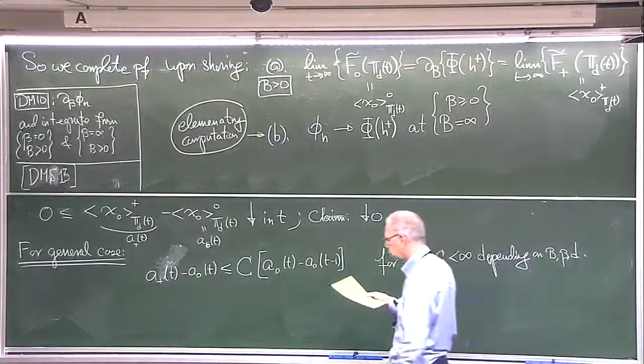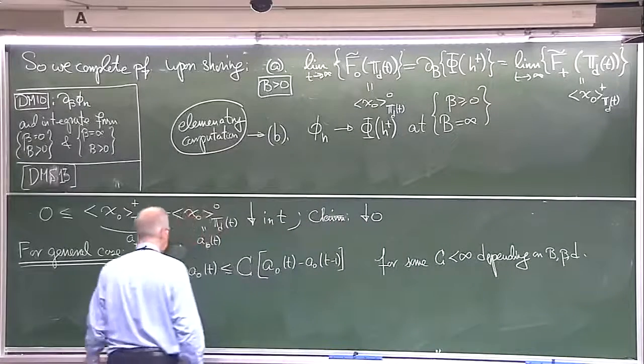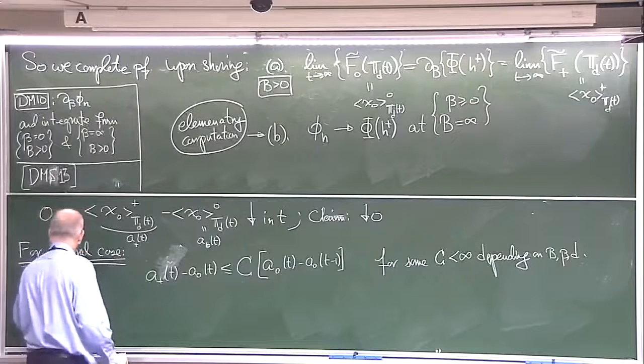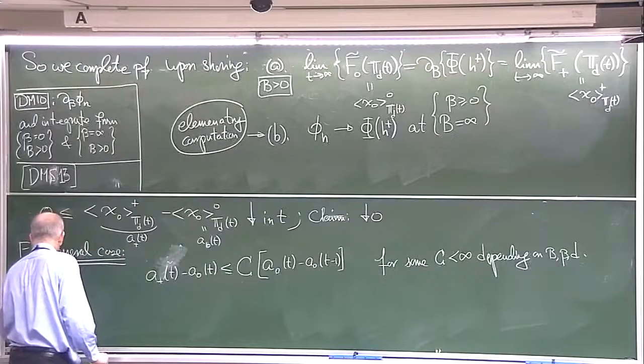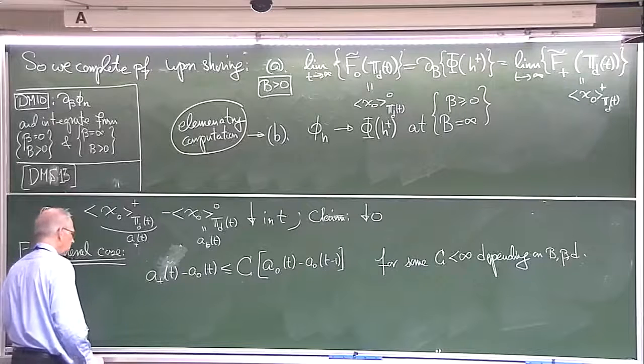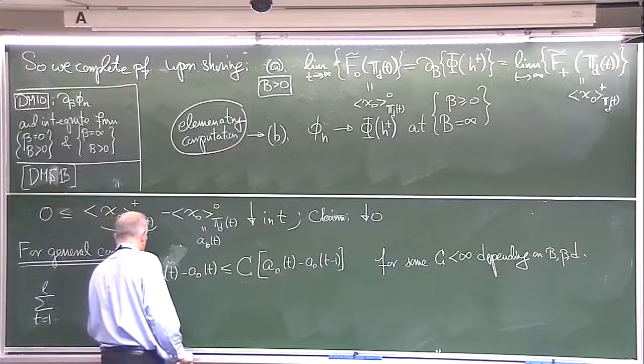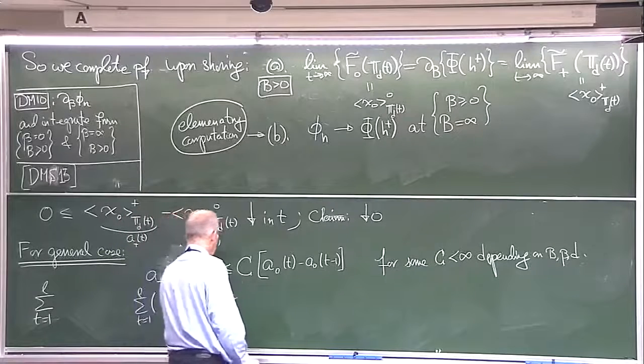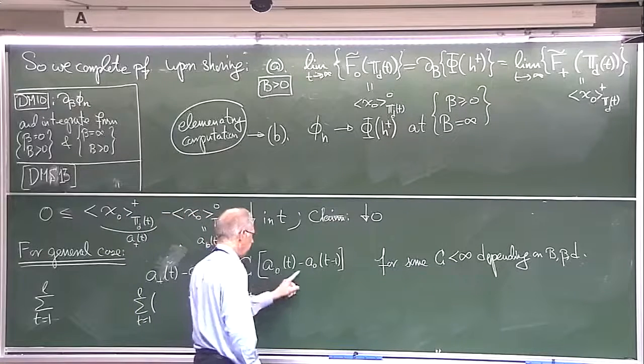If you manage to do that, I'm going to simply sum it up, from t equal 1 to n. What I will get is the sum over t from 1 to n of these differences, and here I have a telescopic sum.